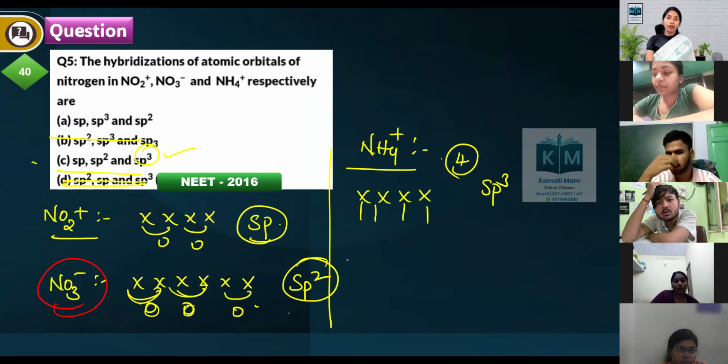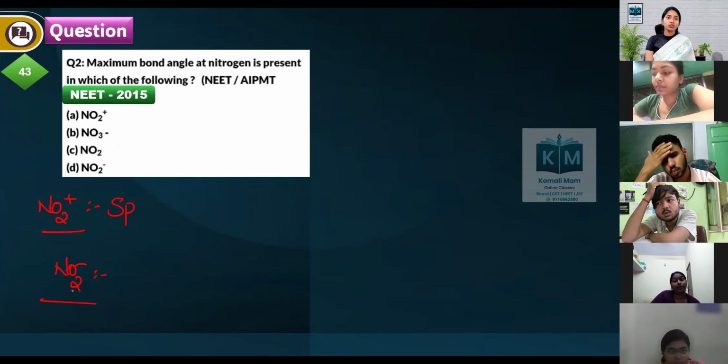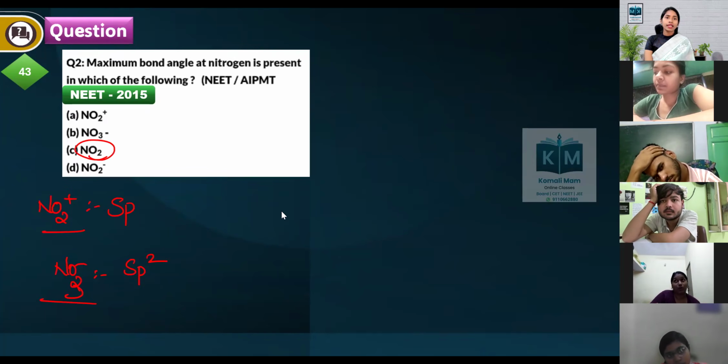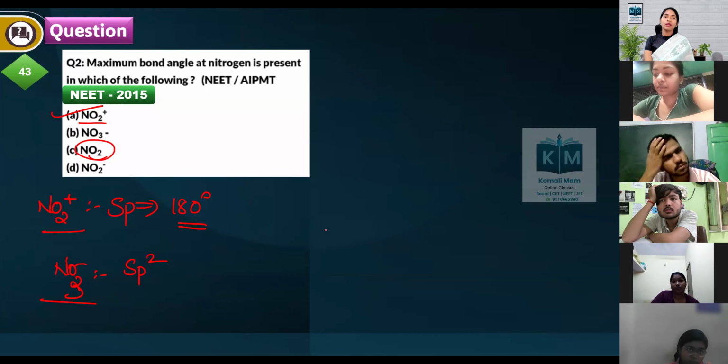NO3 minus is sp2. Next, NO2. sp means this is a higher bond angle, right? Highest bond angle. NO2 plus I can choose because this is a more bond angle among all.